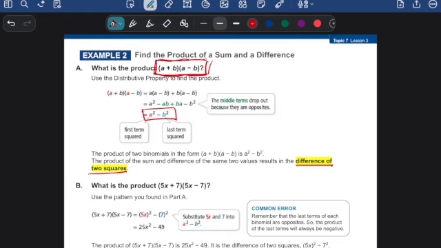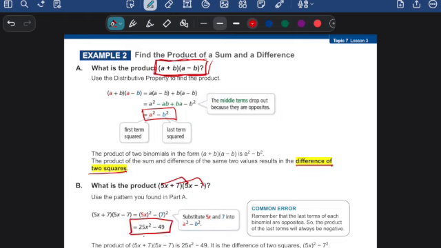So then we know that it's really just going to be the first term squared minus the second term squared. If we expand it all, you'll see that those middle terms will cancel each other out. So 5x times 5x gives us 25x squared. If we do 7 times negative 7, we would get negative 49, right?